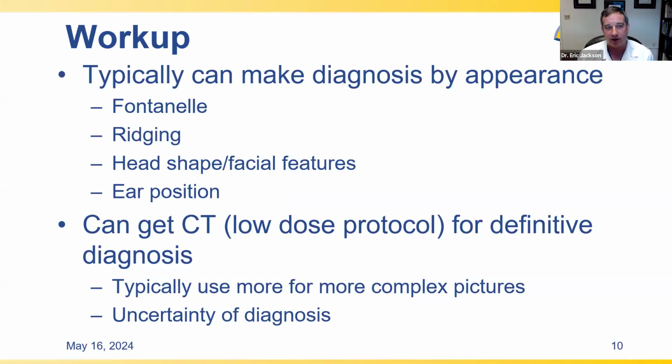In terms of the workup for synostosis, we typically can make the diagnosis by appearance, and especially with sagittal synostosis, that's one that we typically recommend treating without any kind of imaging in many cases. But things that we will look for: the fontanelle, is it open? Is it flat? What's the shape of it, like I talked about?